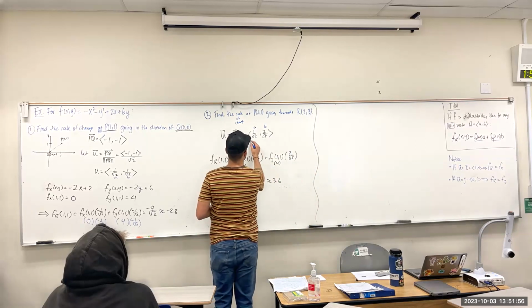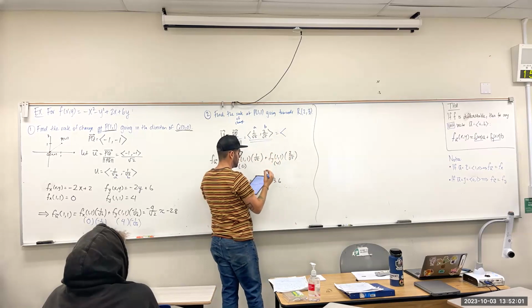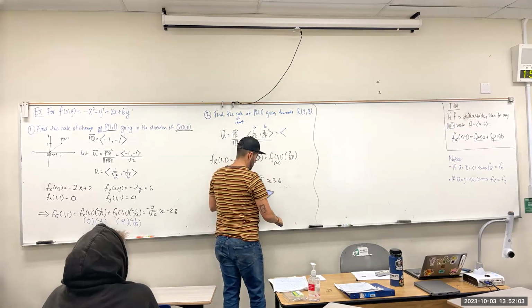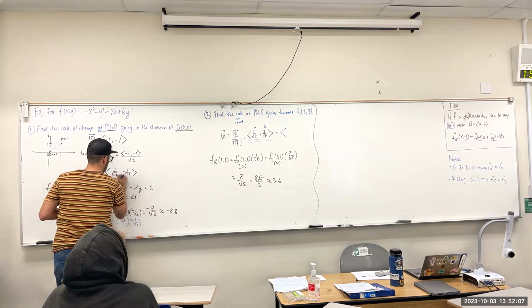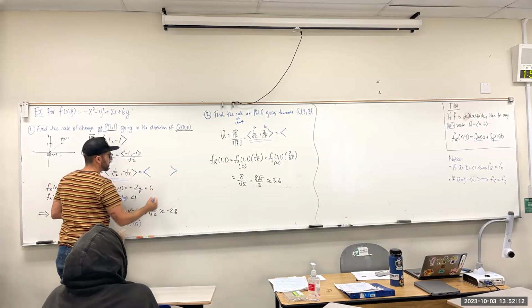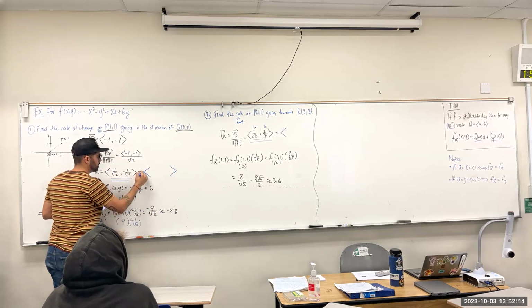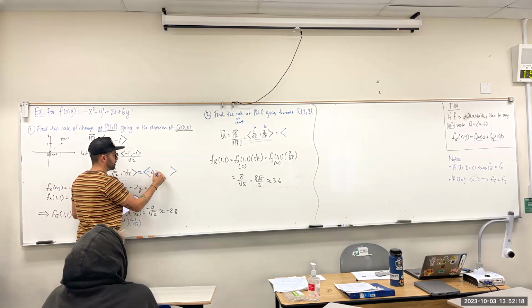Before we get there, this is my unit vector U, which has components 1 over root 2, and this is my vector. Someone with a calculator, help me out. What would be the components here in decimal form? 0.707.